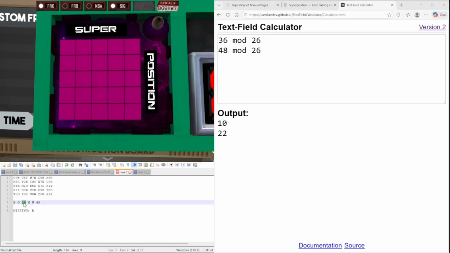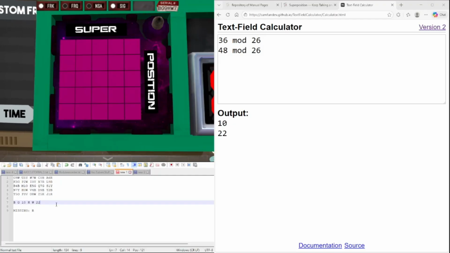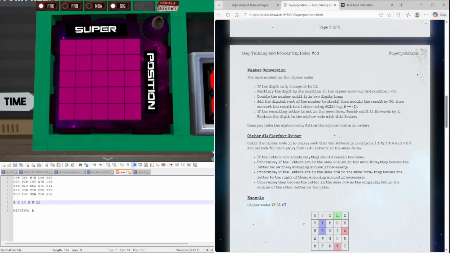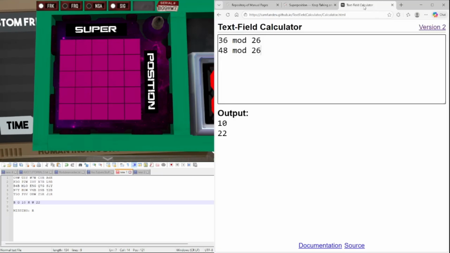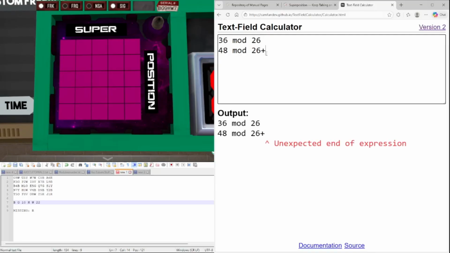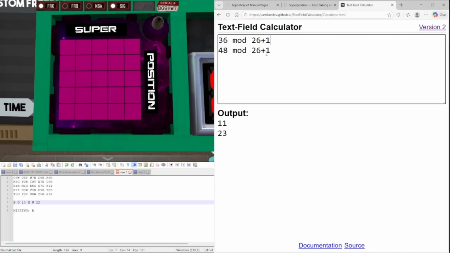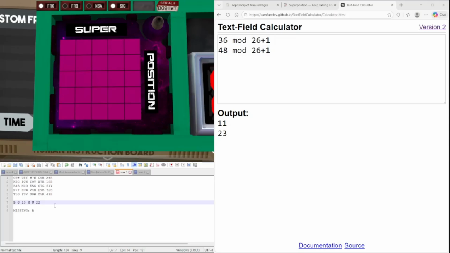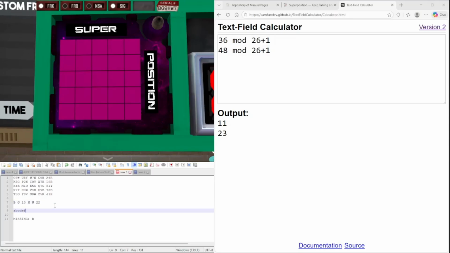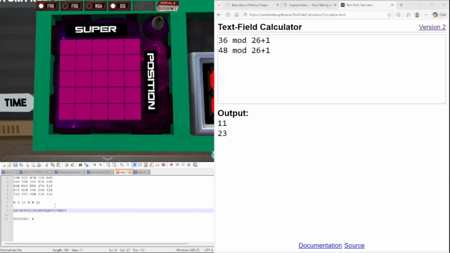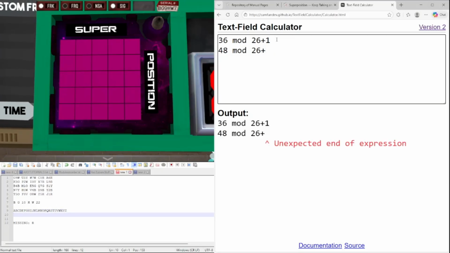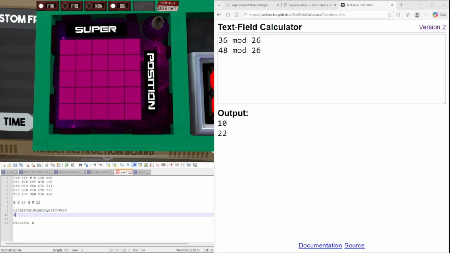We get 10, 22. And A0 is a 25. So meaning if we just add 1 to both of these, we should get the actual letters. So make sure A, B, C, D, E, F, G. We go with 10 and 22.